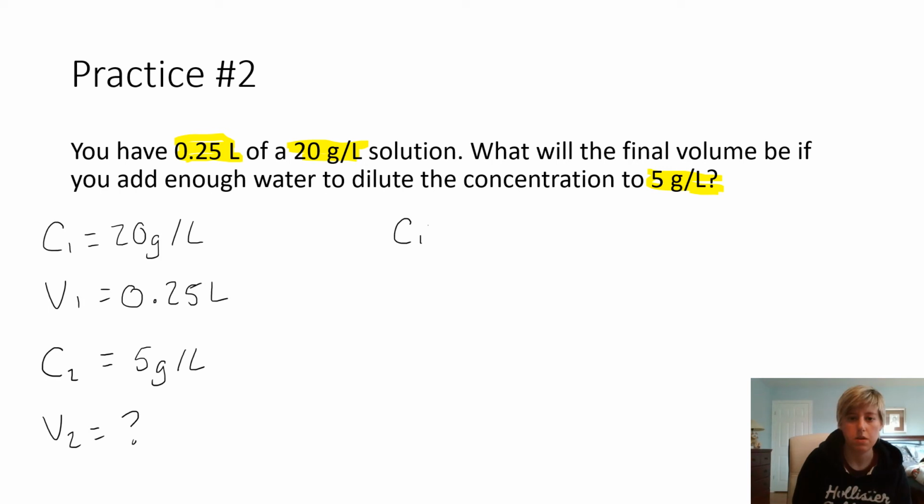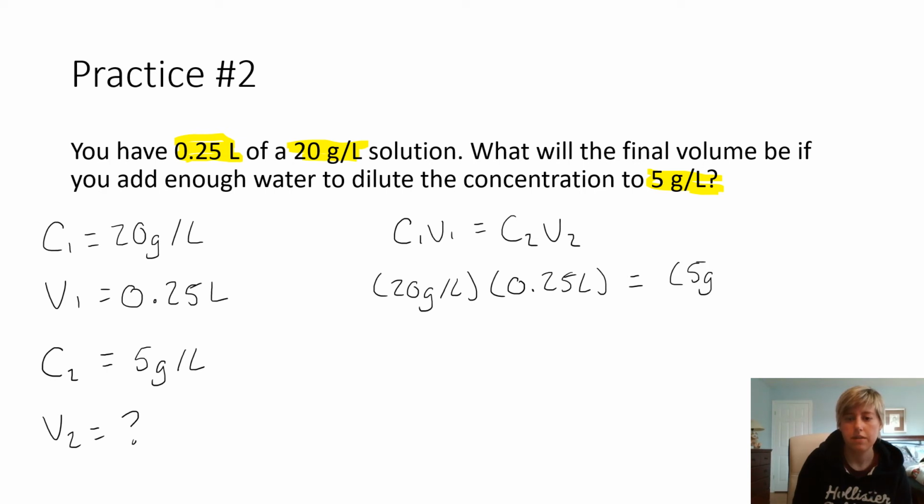Equation: C1 V1 equals C2 V2. 20 grams per liter times 0.25 liters equals 5 grams per liter times V2. Just like before, we need to bring our C2 to the other end.